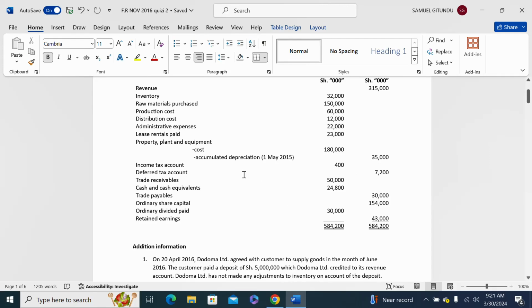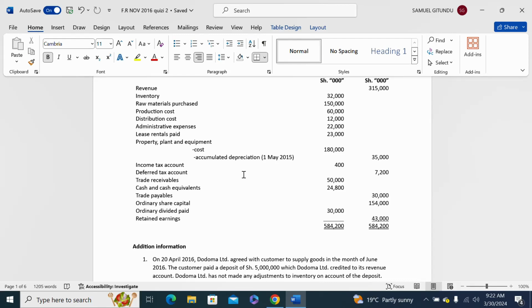So, do you know how to calculate the income tax? The income tax expense for the period is usually calculated as the estimated tax.